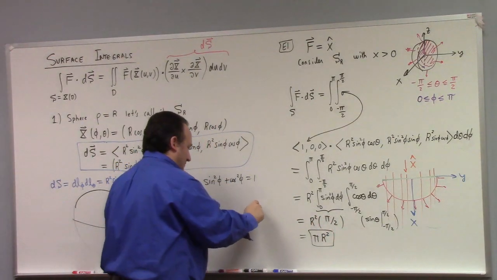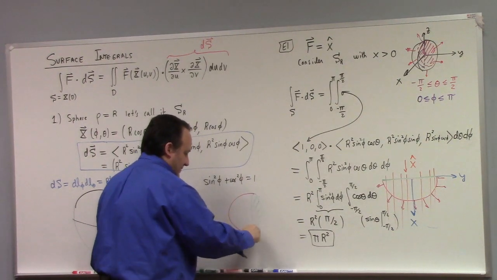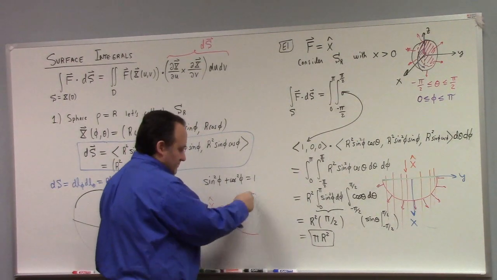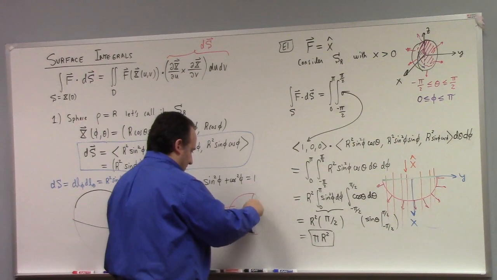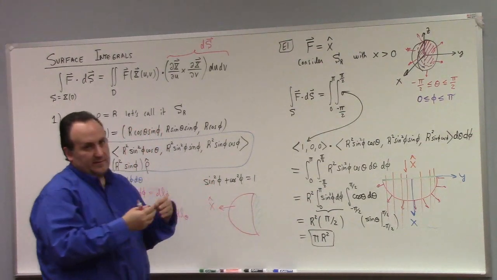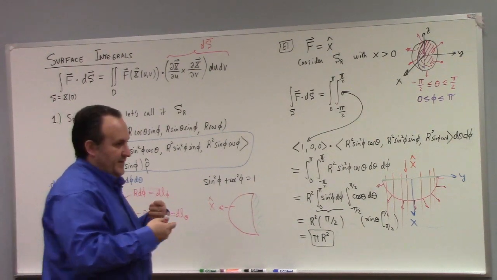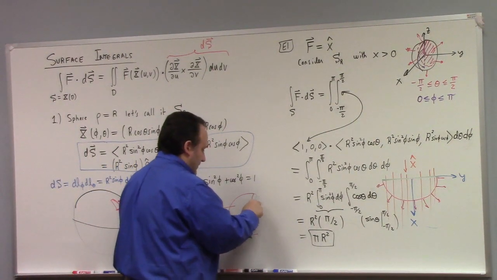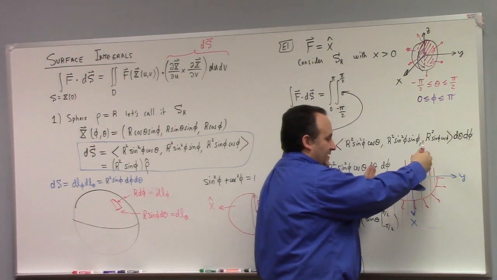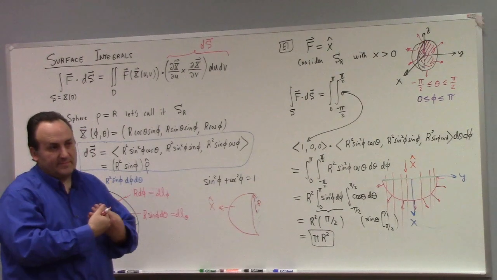So if I was to draw it like this, and here's x hat, maybe I should draw it like this. On the back side here, the disk on the YZ plane, what is the area of that disk? It's pi r squared, right? And notice that the x hat field lines are cutting through it normally. So it's just the magnitude times the area, which in this case is pi r squared. That's why we got that.